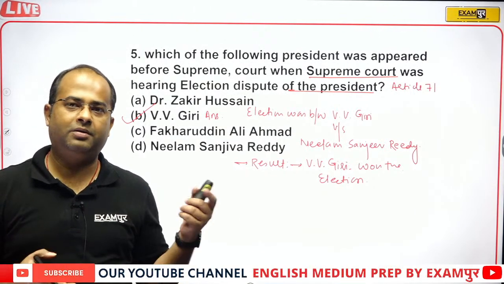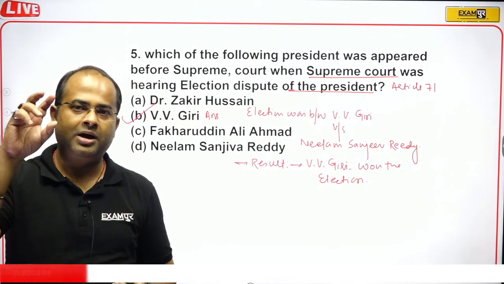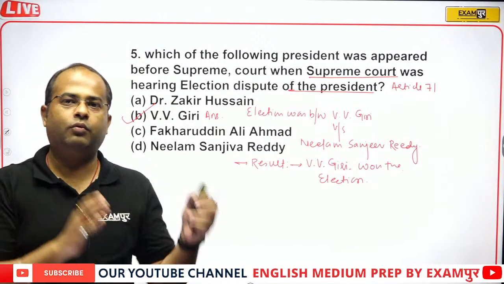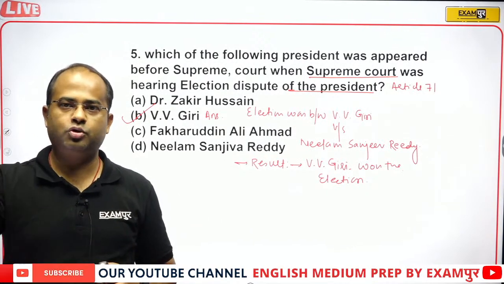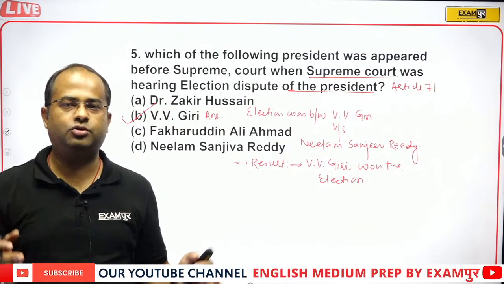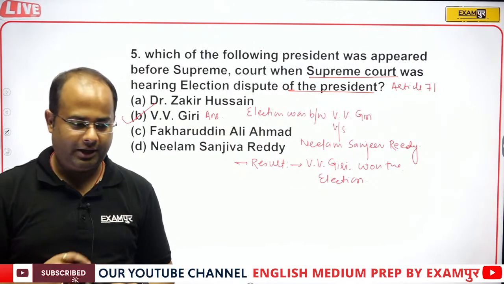But a person filed a case against V.V. Giri that he had unduly influenced the voters who voted in the presidential election. The Supreme Court took this case, but finally the case was rejected and V.V. Giri continued as the President of India.